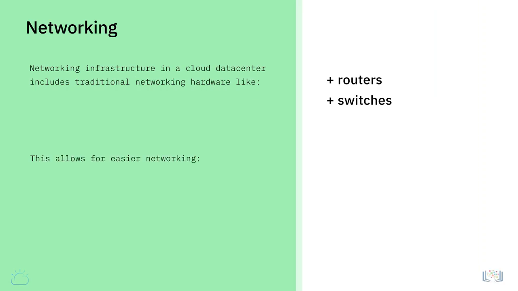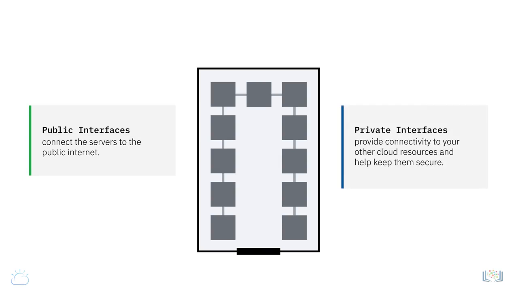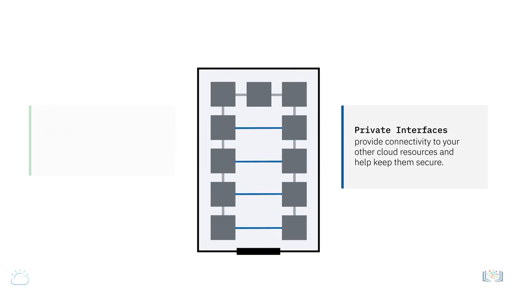This allows for easier networking provisioning, configuration, and management on the cloud. When servers in the cloud are provisioned, you need to set up their public and private network interfaces. The public network interfaces, as the name suggests, connect the servers to the public internet, whereas the private ones provide connectivity to your other cloud resources and help keep them secure.